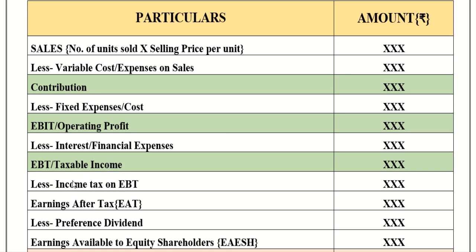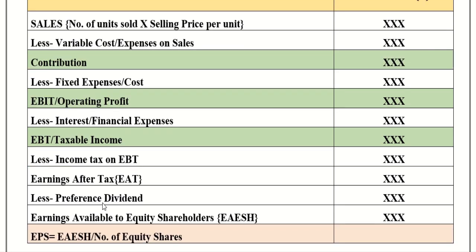If you deduct income tax from the EBT, then you get earnings after taxes. Then you deduct preference dividend from the earnings after taxes, then you will get earnings available to equity shareholders. And finally, you can calculate EPS here: earnings available to equity shareholders divided by number of equity shares.